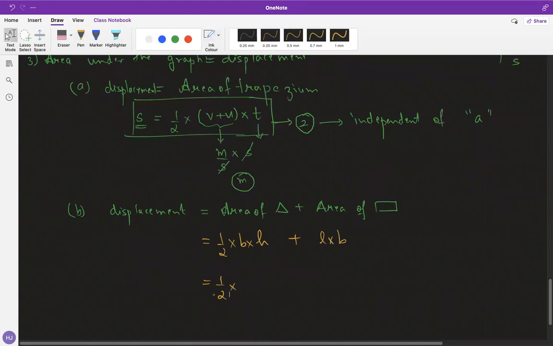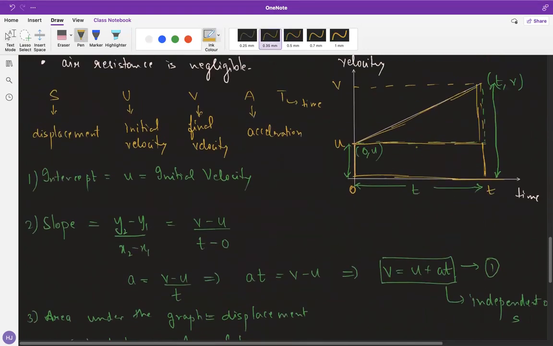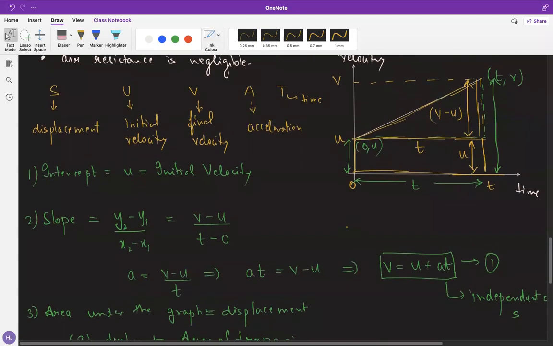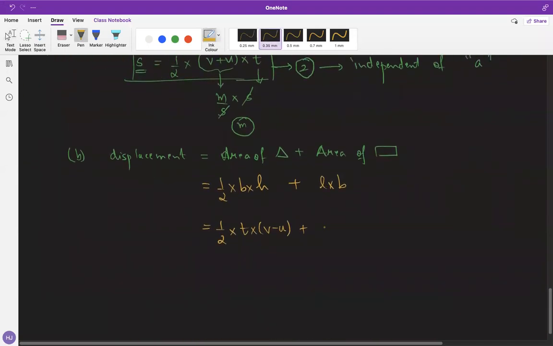The base is over here, t, and the height is only this height over here, which is v minus u: the entire big length minus the small length, because this is u. So it's half into base, t, into height, v minus u, plus length into breadth. The length over here is time, and the breadth is u. So it's going to be u into t. This displacement is s. So s is equal to ut plus half into v minus u times t.